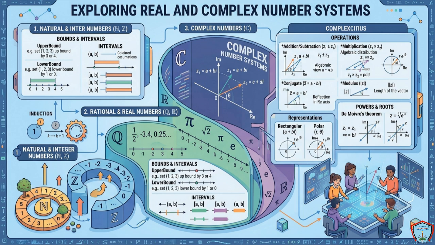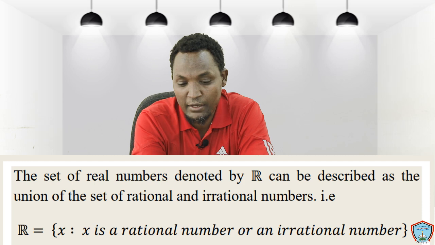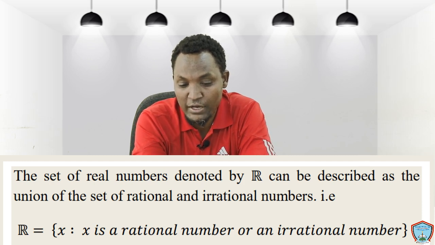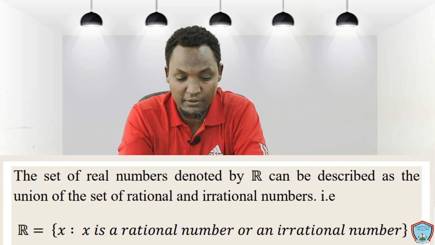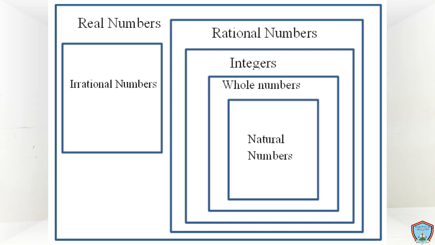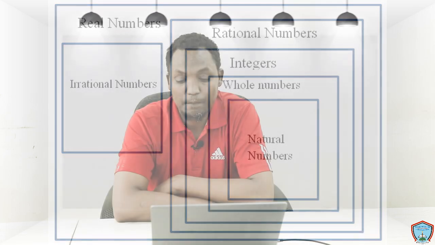Now let us move to the set of real numbers. A real number is any number that can be represented on a number line. The set of real numbers includes both rational numbers and irrational numbers. In other words, the real number system combines all numbers we have studied so far into a single comprehensive system.